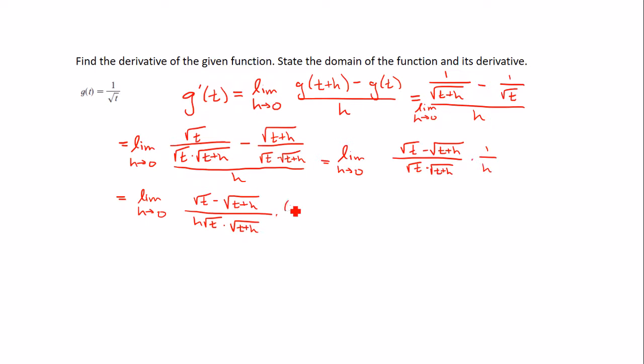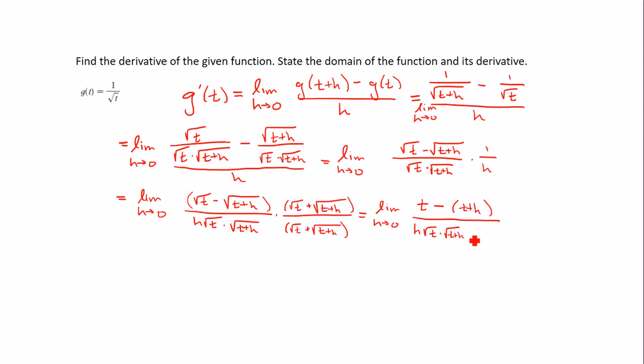So I'm going to multiply by root t plus h over root t plus h, limit as h goes to 0. So when I FOIL out the numerator, I am going to get t, middle outer terms cancel, minus the quantity t plus h. When I square the square roots, they go away, over, you know what, I'm going to leave the denominator not FOILed, so I'm going to leave it h times root t plus h times root t plus h.